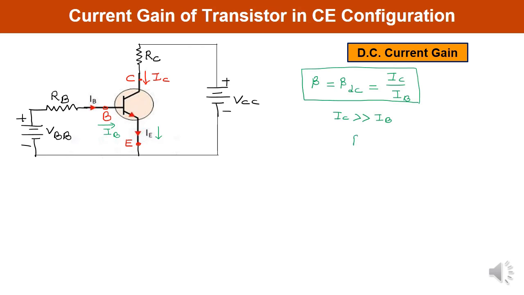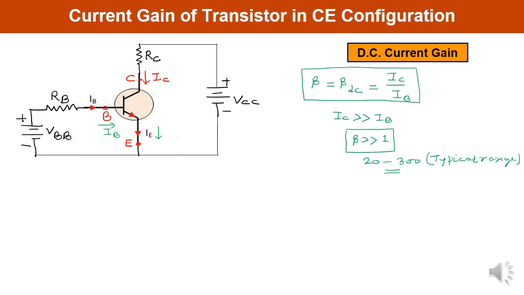You can see over here the numerator term is very high, so the value of beta will be very high in comparison to unity, which is more than 1. And the typical range for beta may vary from 20 to 300. This is the typical range. You can find these numerical values in some of the examples as well.